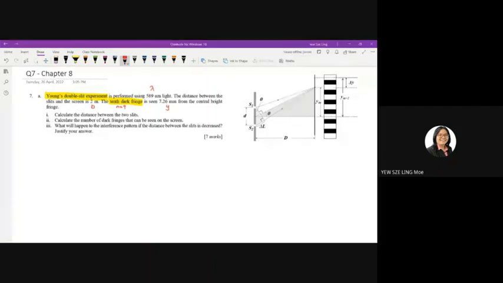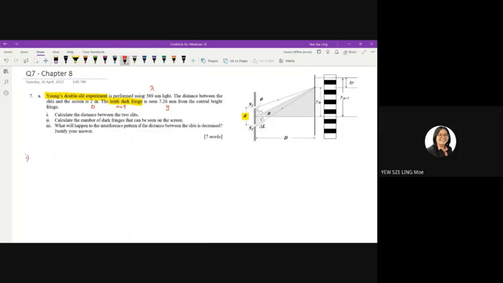All right. Now that you have all this information, question 1: calculate the distance between 2 slits. The distance between 2 slits is this small letter d. So now we have lambda, y, m, and D. How are you going to solve it? It's very simple.